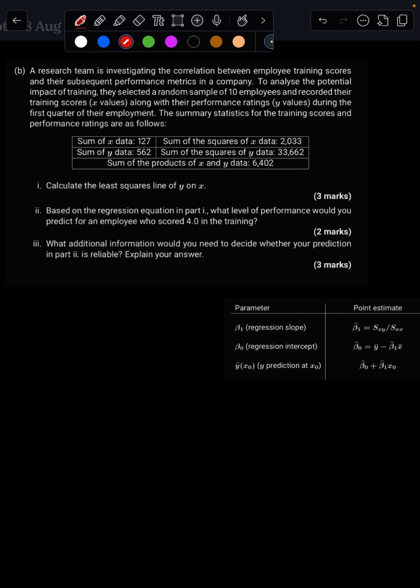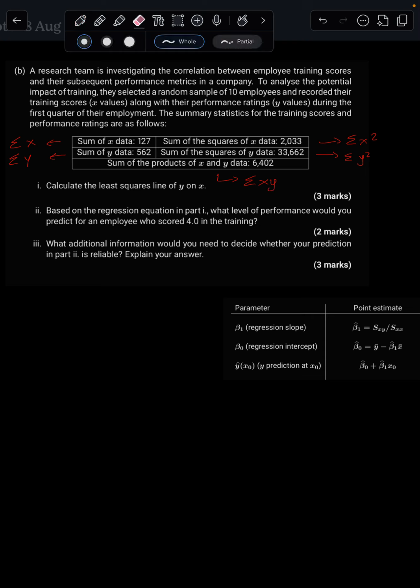always. So you're going to have the sum of x data, in notation just like sum of x, sum of y data. And you've got the sum of the squares of x data, so x squared, sum of squares of y data, y squared, and the sum of the product of x and y data. Okay, so this is sum of xy.